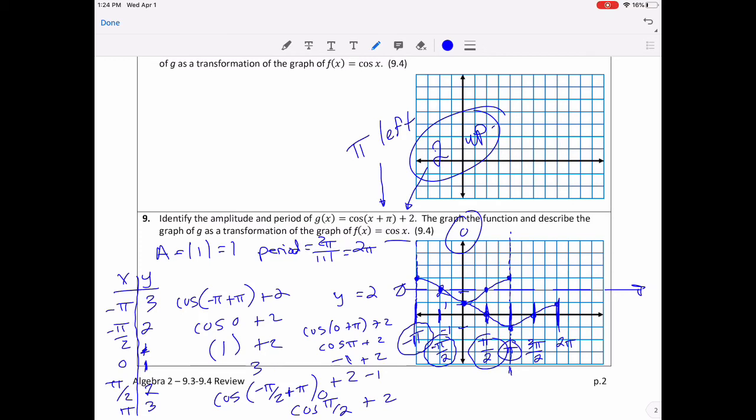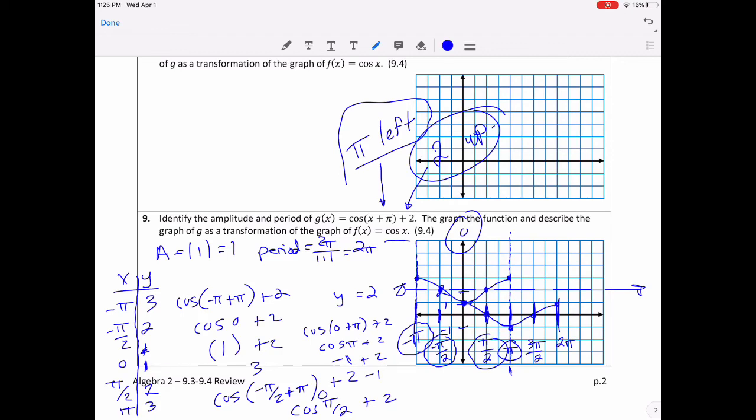So notice the transformations here. It's shifted pi left and 2 up. It's got the same amplitude, but it's phase shifted. In other words, when it's a horizontal shift, it's called a phase shift, which we'll discuss more going forward.